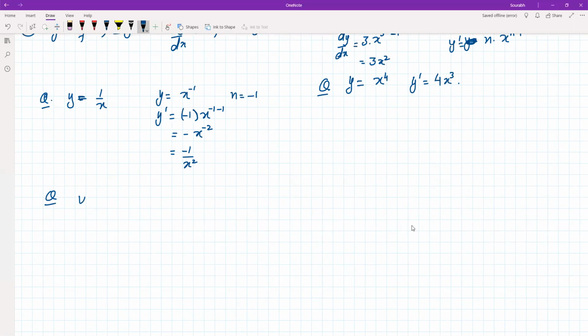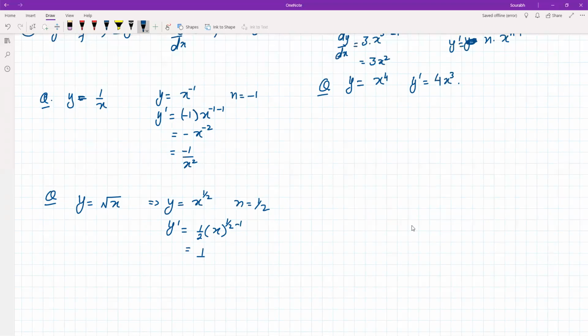Right? Same way, what if y equals root of x? In that case, this means y equals x to the power half. So n is equal to 1 by 2. Correct? So what will be y dash? y dash will be half, that is n, into x to the power n minus 1.